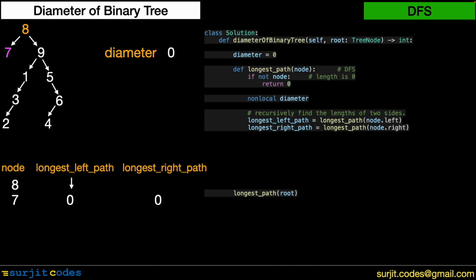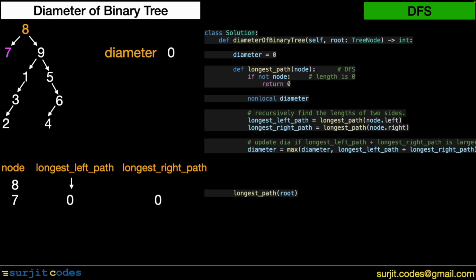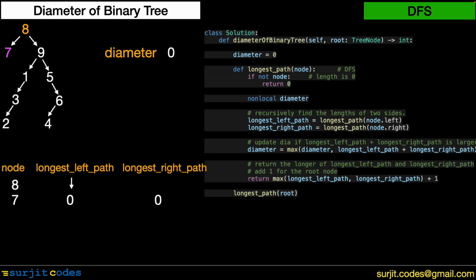Right node of 7 is also none, so 0 is saved in longest right path also. Same is true of all the leaf nodes. Sum of two paths is compared with the non-local variable diameter. Both are 0, so diameter is unchanged. We add 1 to the longer of these two paths to include the edge linking it with the root node. We return it and the longest left path of 8 becomes 1.